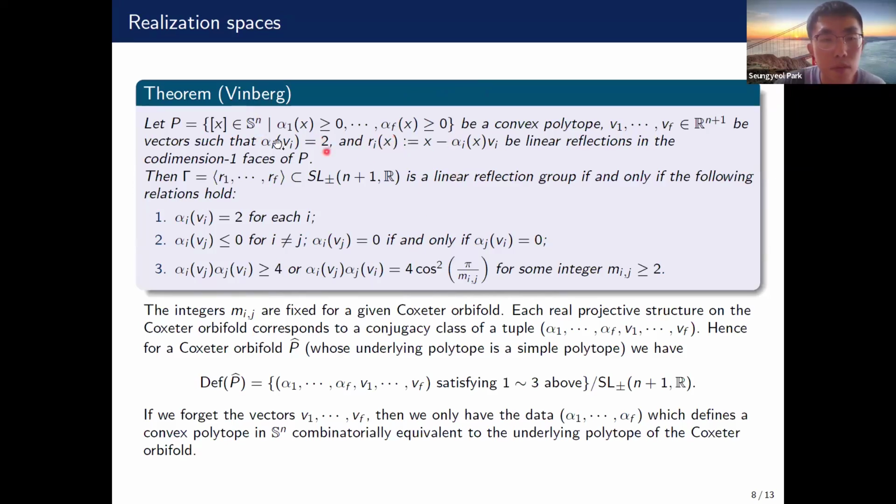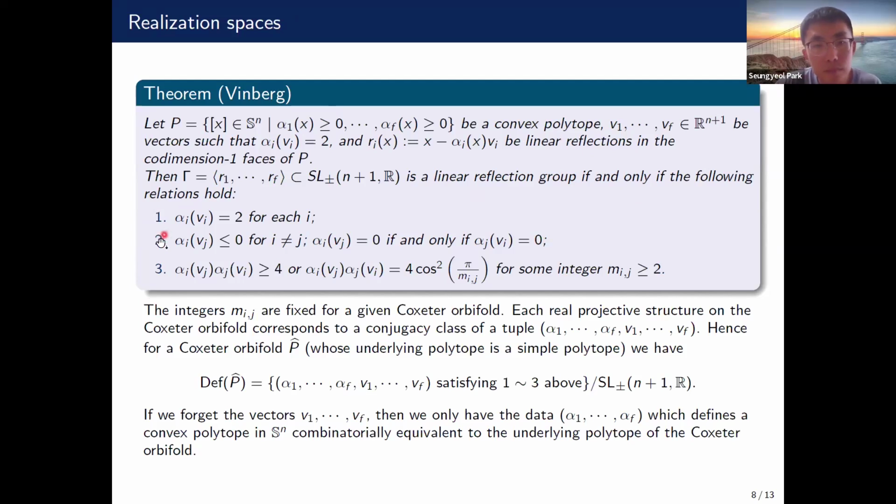Let P be a convex polytope as before, with a choice of linear reflections and eigenvectors corresponding to eigenvalue -1. The group generated by the reflections becomes a linear reflection group if and only if the linear functionals and the eigenvectors satisfy the following relations.